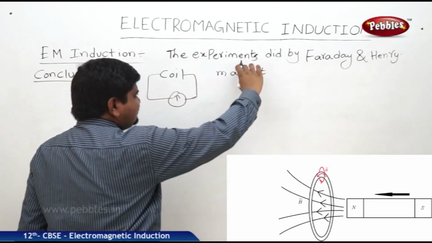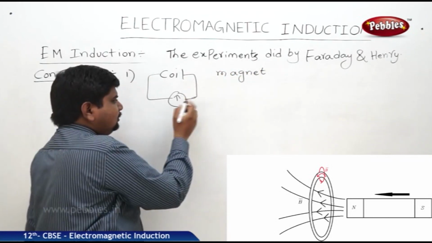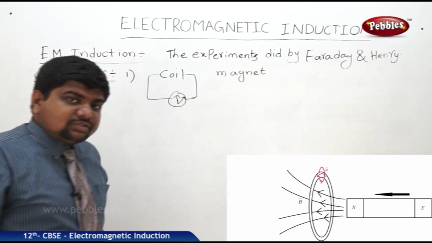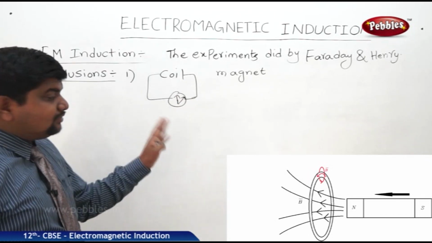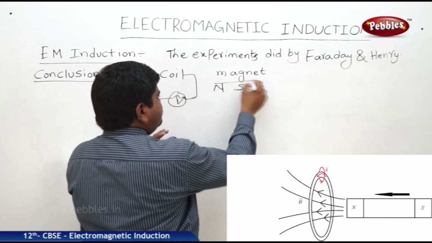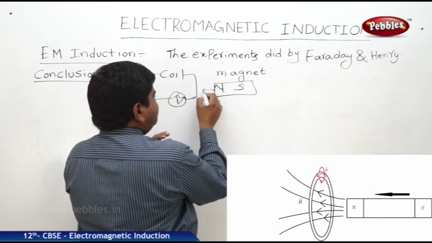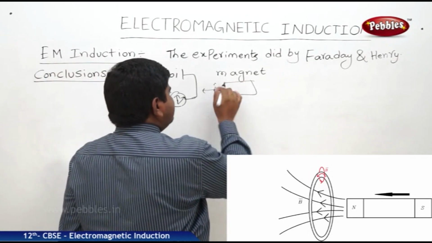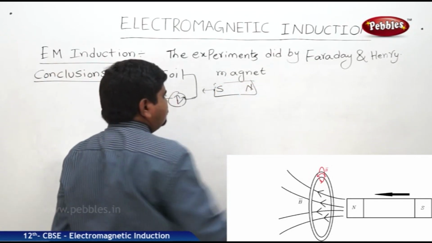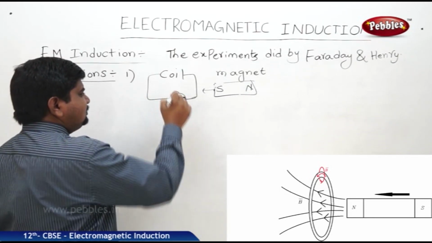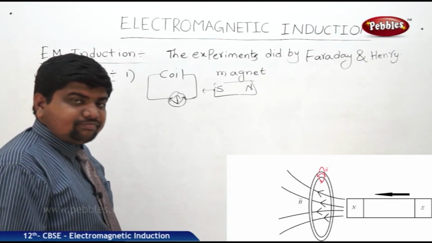When a magnet is approaching towards the coil, the galvanometer deflects according to the pole of the magnet approaching, north or south. If the poles are interchanged, then the same deflection occurs on the opposite side of the galvanometer.